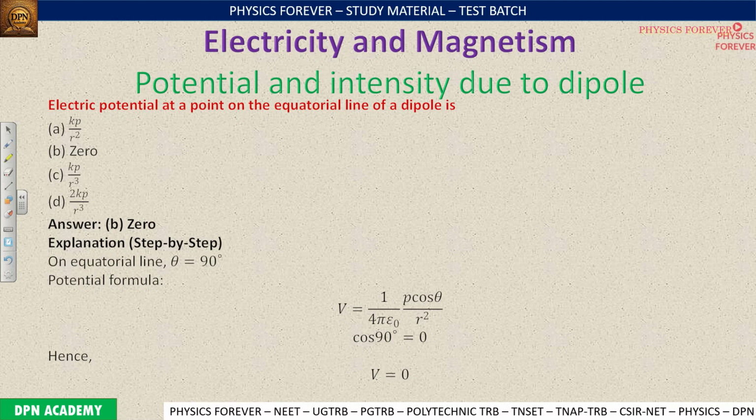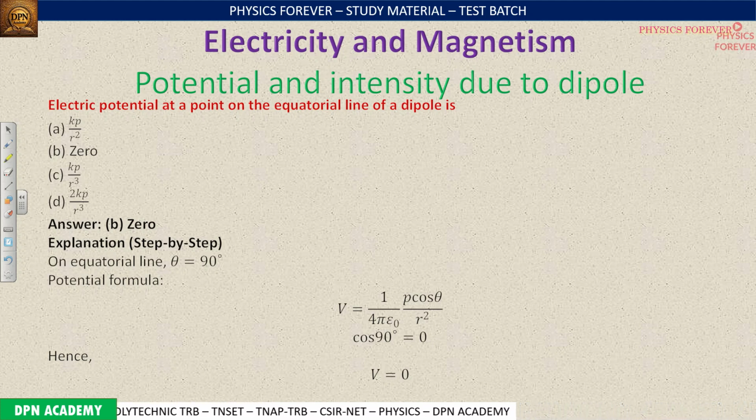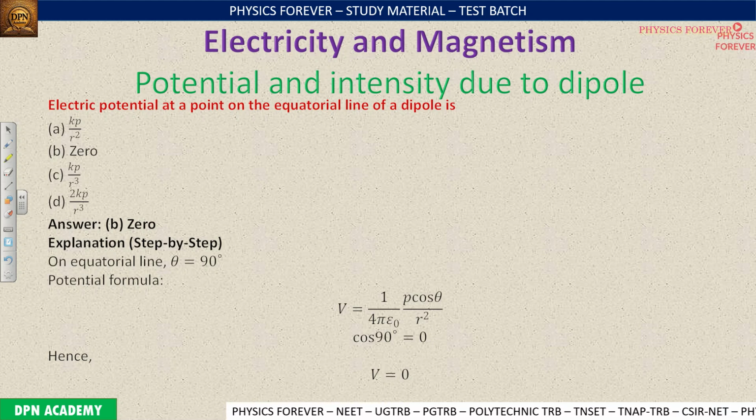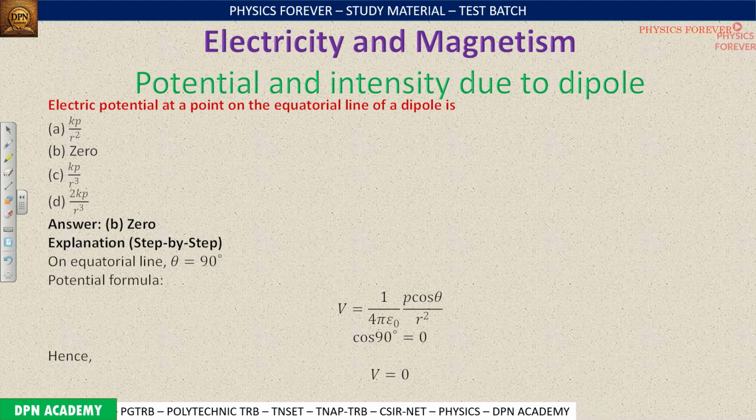What is the equatorial line of a dipole? The answer will be 0. If you have listened to the previous topic, within a fraction of a second you can choose the option. Because on the equatorial line theta is equal to 90 degree, so in the potential we put cos 90, which is equal to 0. So the potential will be 0. Okay, most important.